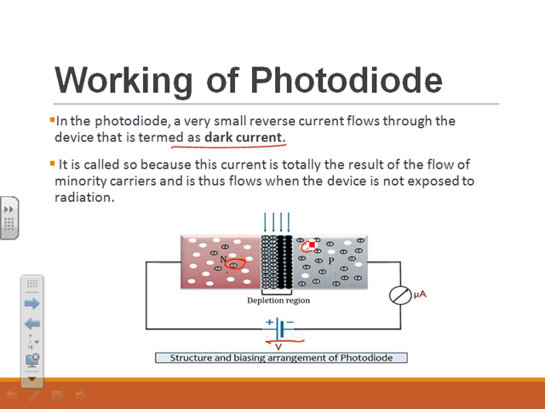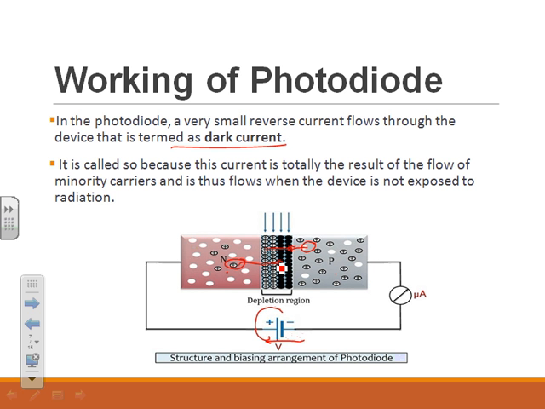The n-type material is connected to the negative terminal of the battery, so there is a repulsive force on these negative charge particles, and they penetrate through the depletion layer. Positive charge particles are repelled by the positive terminal of the battery and also penetrate to the junction. Due to this, a minute current flows through the junction, and that current is called dark current.